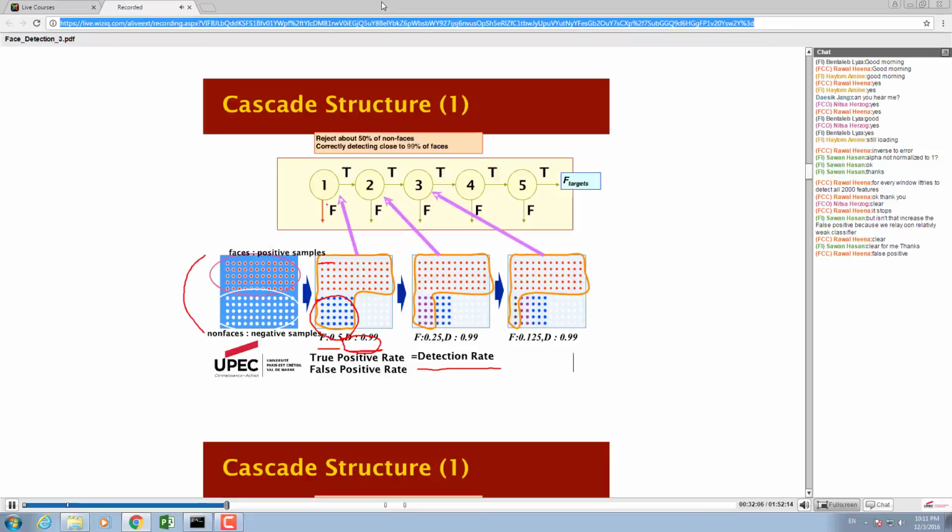We will design stage 1 to have this kind of result, theoretically. We'll see how we can do that later. Anyway, this is the purpose of stage 1: 99% true positive rate and 50% false positive rate.